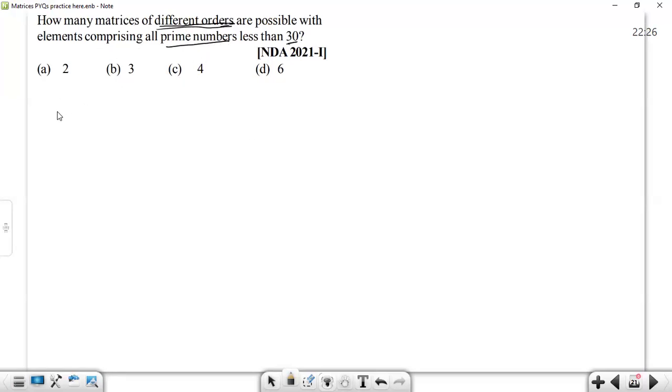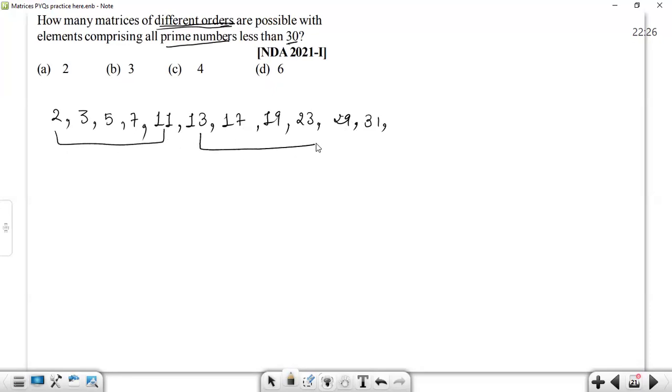So let's write all the prime numbers less than 30.